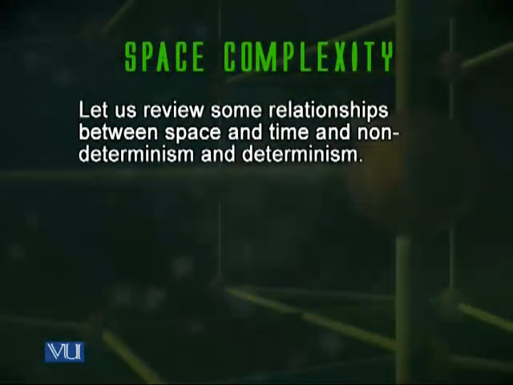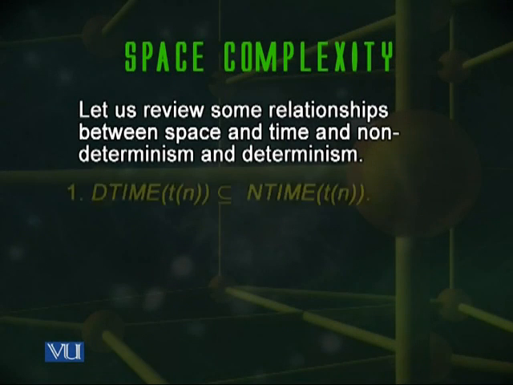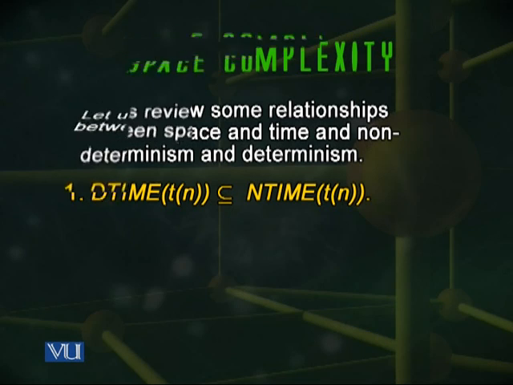Let's review some relationships between space and time, determinism and non-determinism. Let's look at the first relationship here. It says that DTIME(t(n)) is contained in NTIME(t(n)). What does this mean? Well, this is a simple set containment between classes.